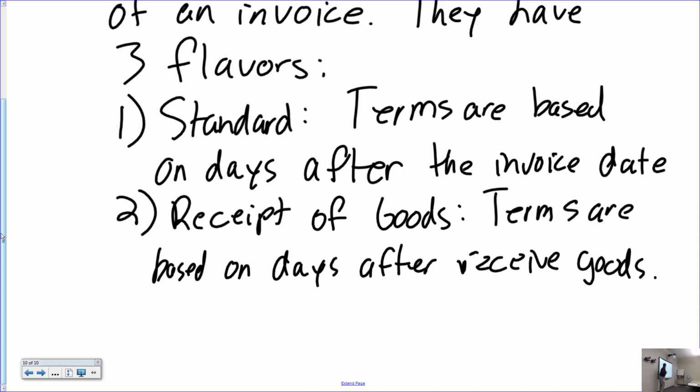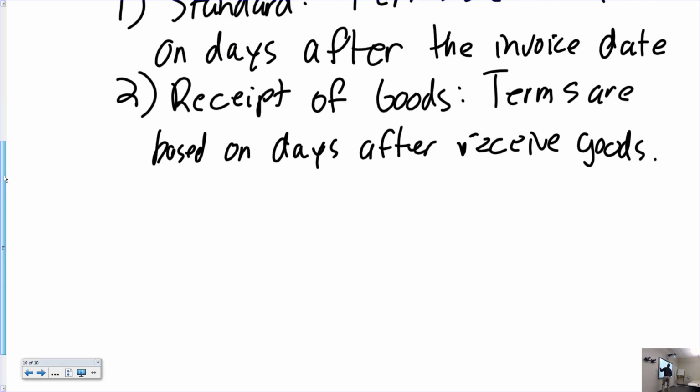Note that normally, if you negotiate for receipt of goods terms instead of standard terms, you will get a much smaller discount, right? If you base it off of the invoice day, then shipping makes a difference. If you don't, then shipping doesn't make a difference, and so there's less risk. Therefore, there's also less reward. It's kind of a standard business thing, right? Well, it's not the buyer's fault if they don't get it right away.